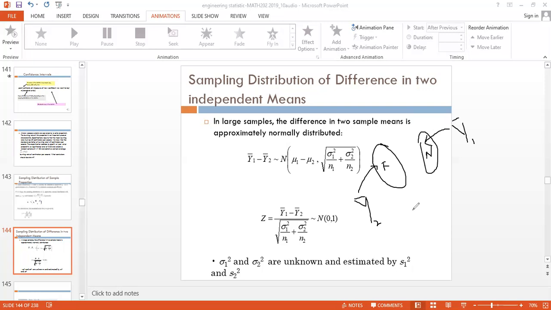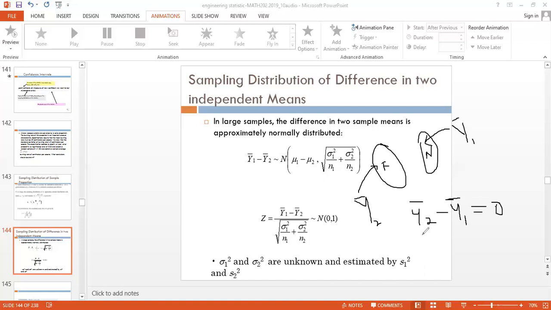When I say difference, I mean whether y2 minus y1 will be greater than zero, or better still, let me put it this way, will be first of all equal to zero.